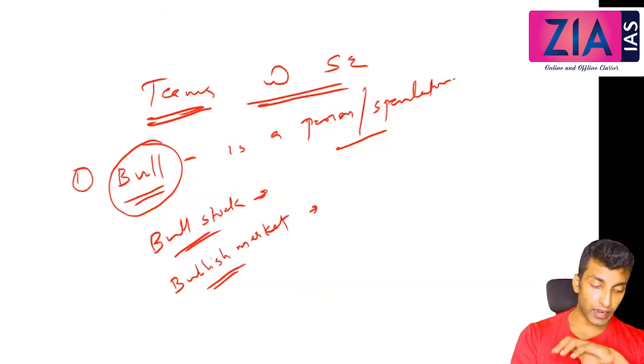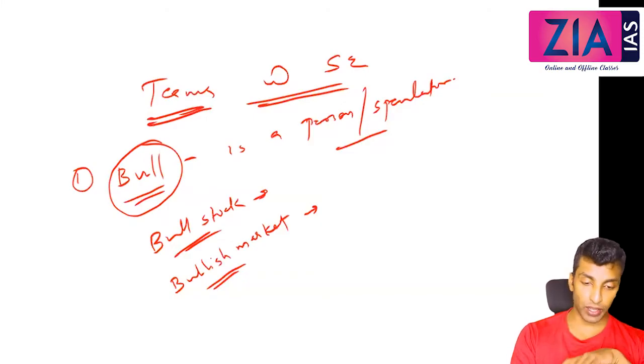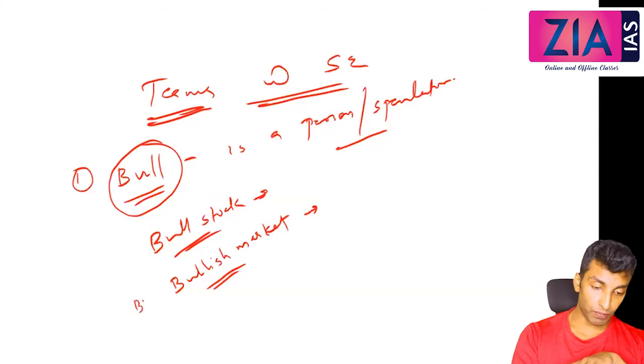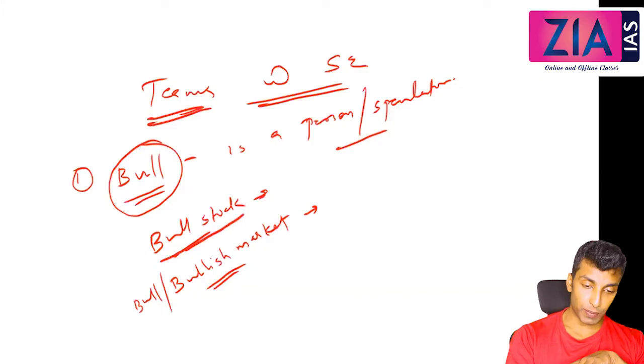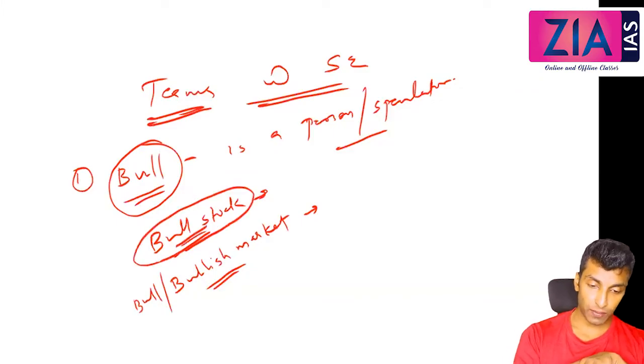Bullish market means when the index of a stock exchange is going up. If Nifty is going up, if Sensex is going up, that is what? Bullish market. The stock's price going up, that is bull stock. The entire index going up, that is bullish market.